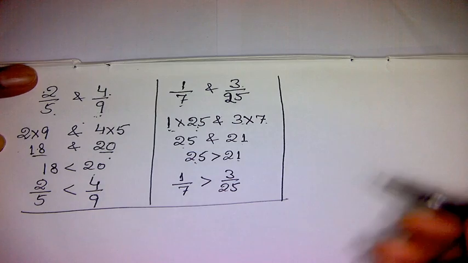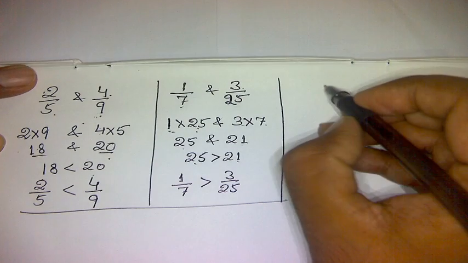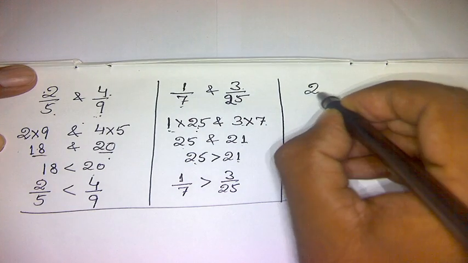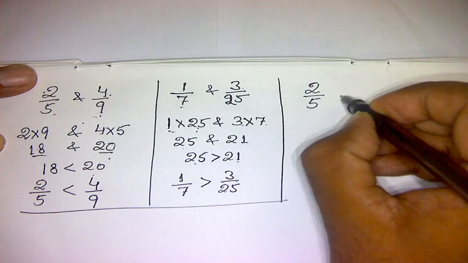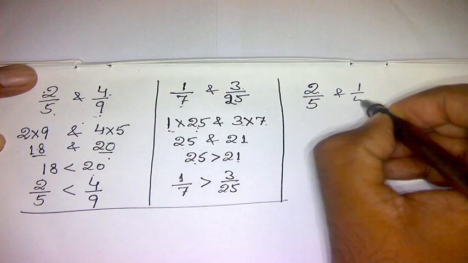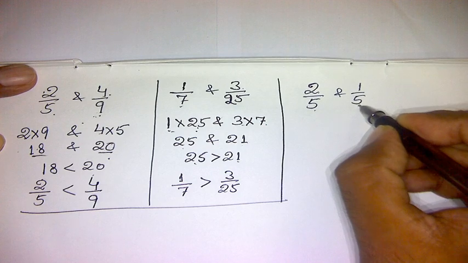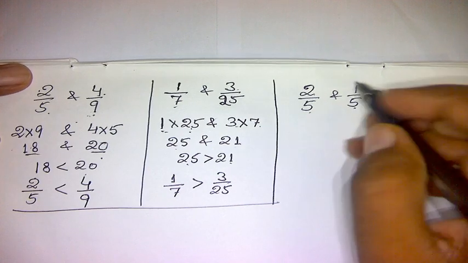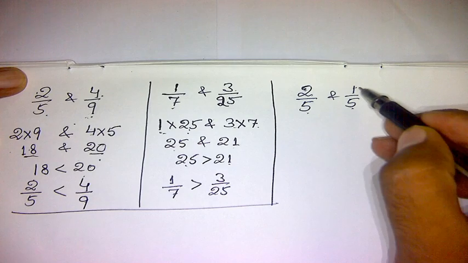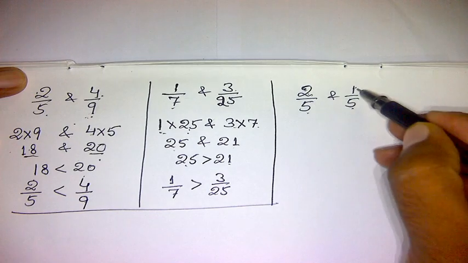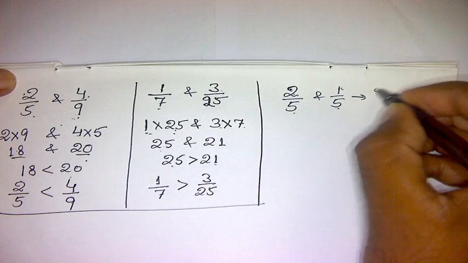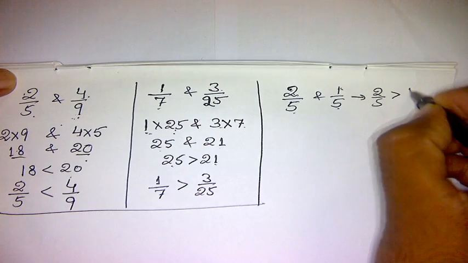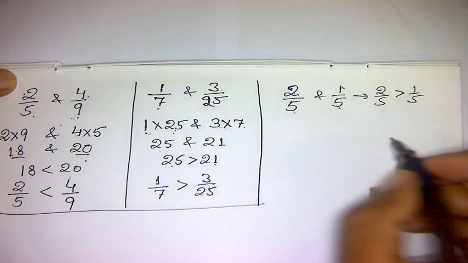Now here let me add one more thing. As I told you, if the denominators are equal, then you can easily compare which is greater and which is smaller. You will just compare the numerators. 2 is greater than 1, so it means 2 upon 5 is greater than 1 upon 5.